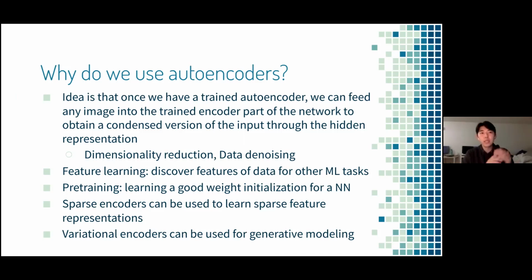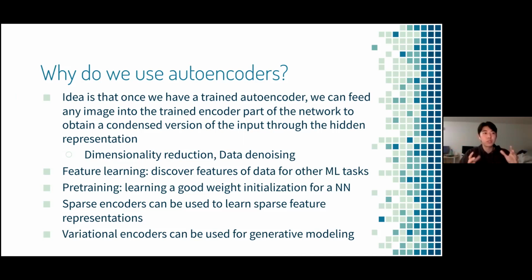Pre-training: using this trained encoder side, we're learning a rich representation of our features at that particular point within our latent space. If the machine has a good understanding of our data at this point, we can use these weights as an initial starting point for other types of tasks.